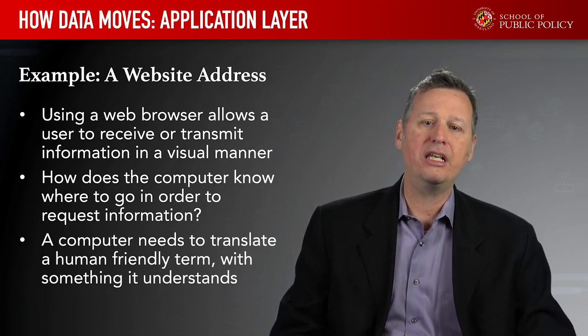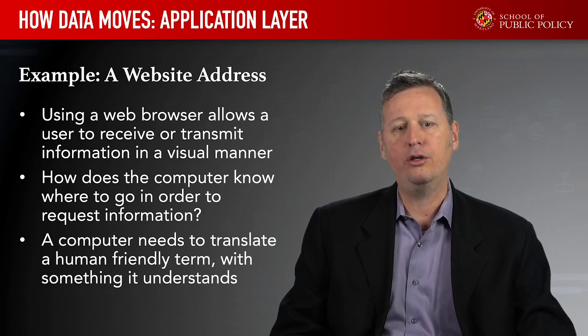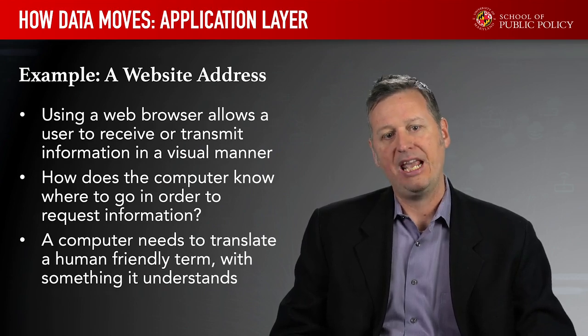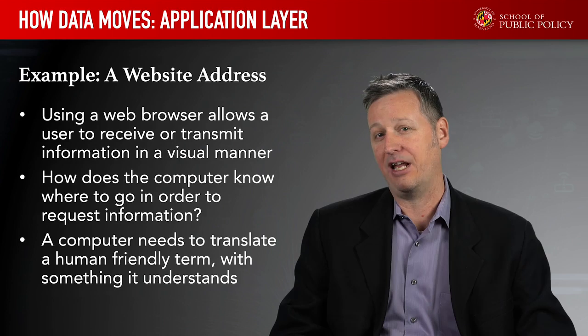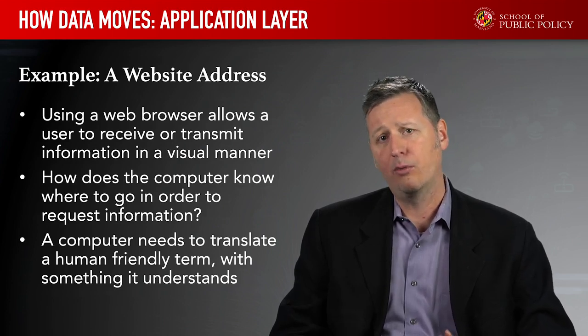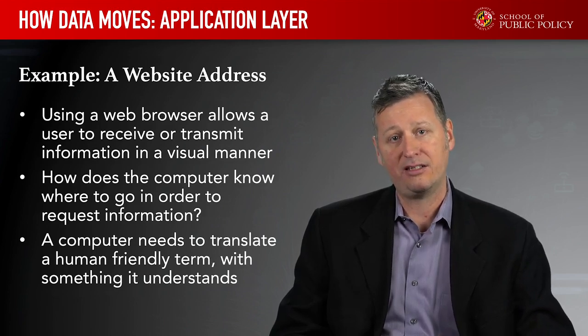So a computer needs to translate a human-friendly term like Google or Bing into something that it actually understands, something we call an IP address. Now we'll talk more about IP addresses in the next episode.